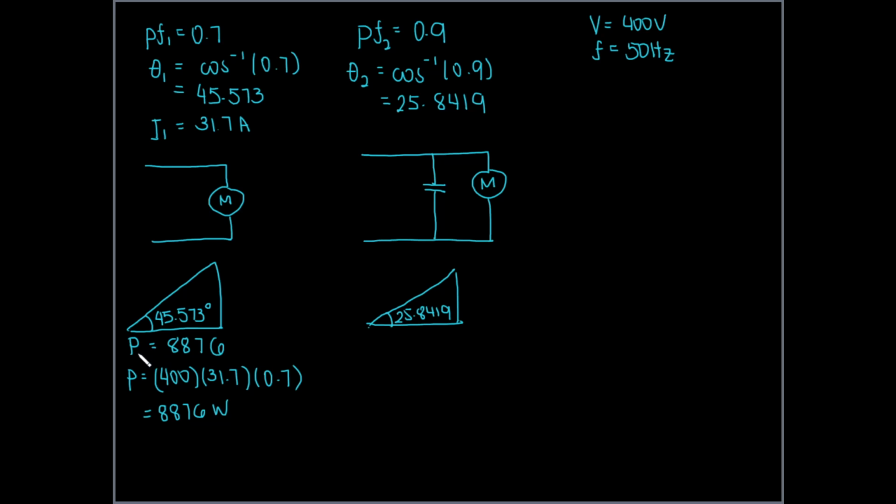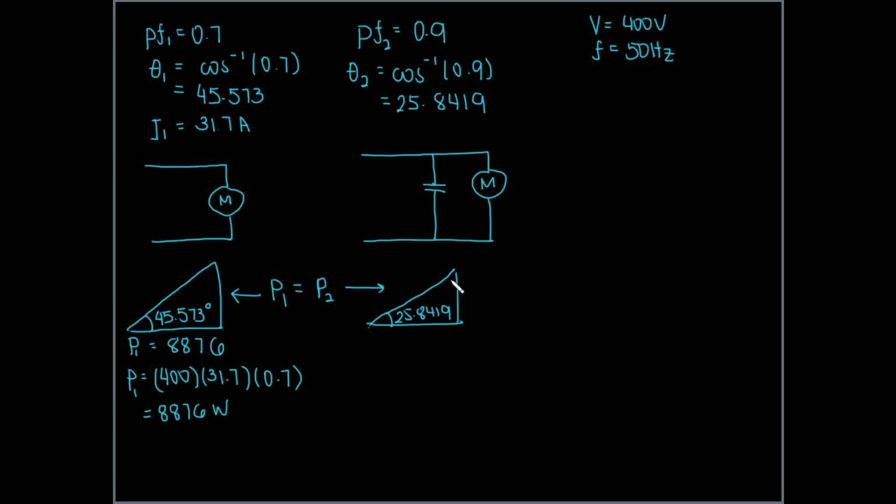So there you go. If this is P1, what you must understand is that P1 is the same as P2, because apparently the only thing that has changed between the two is just the capacitor.